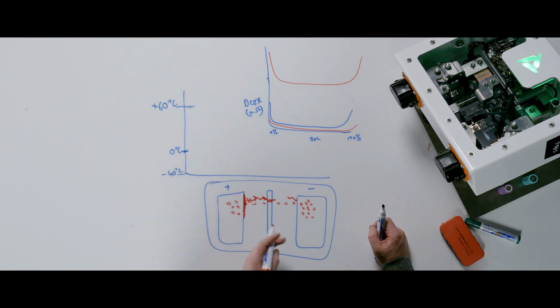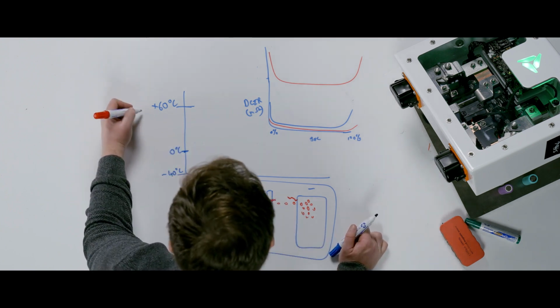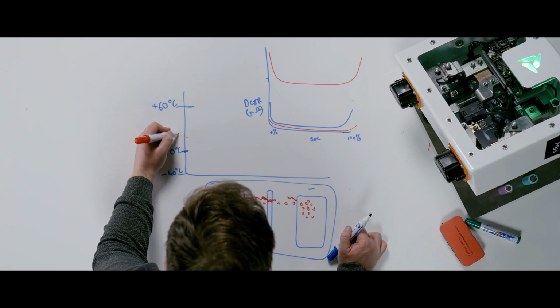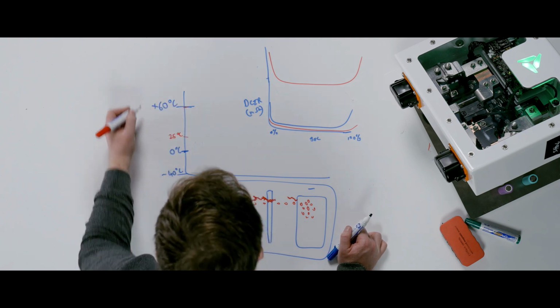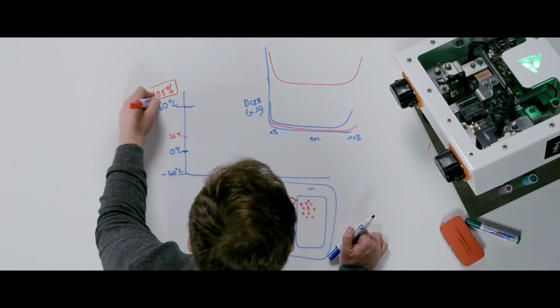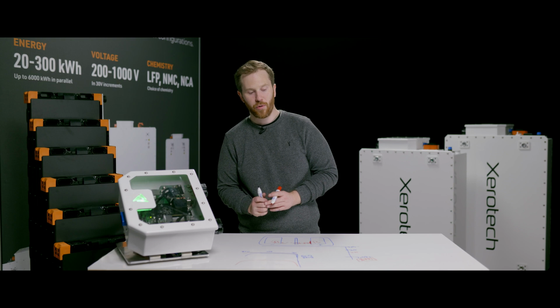They have more capacity. So if you took a battery at 100% state of charge at 25 degrees, and you heat it up to 60 degrees, it'll have 105% capacity, and it'll actually have more energy because of that lower resistance.